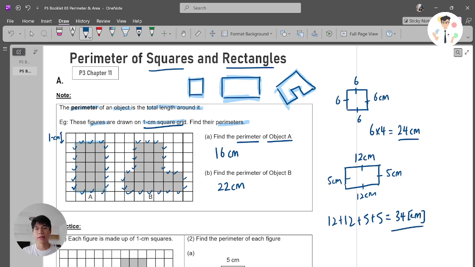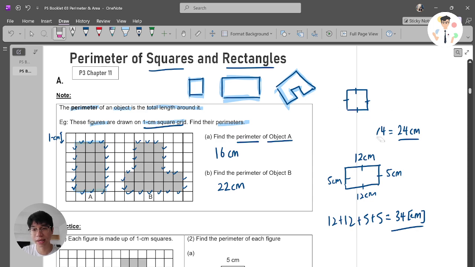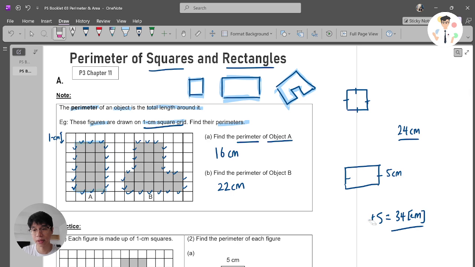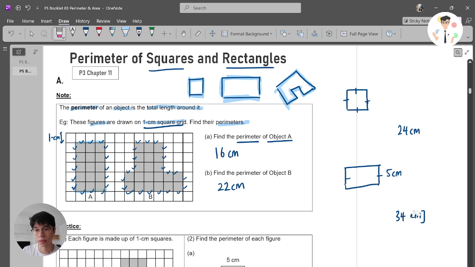Now, that is basically something very simple. But if I want to make it even harder, I'll make it like this. I'll remove all the sides.